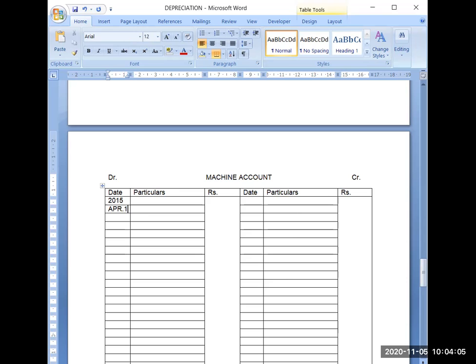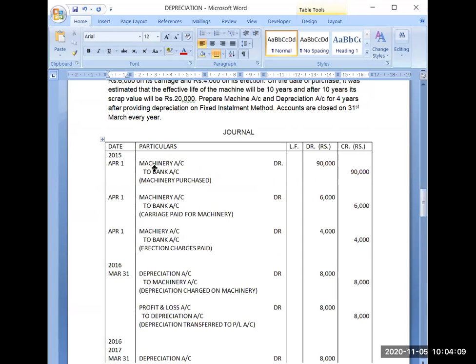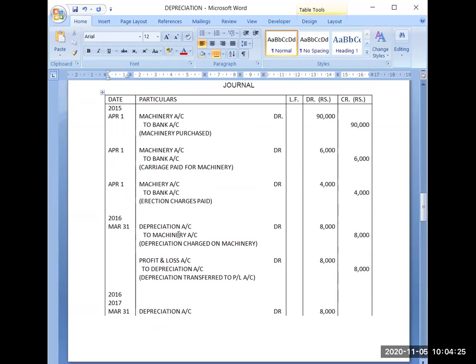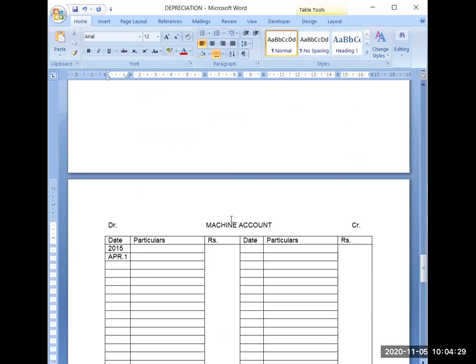Now, the first entry which you have done in your journal is machinery account debit to bank account. So the machinery account has been debited, and obviously this entry will go to the debit side of the machinery account. In all three entries, the machinery account has been debited. So here on the debit side, I will write to bank account.